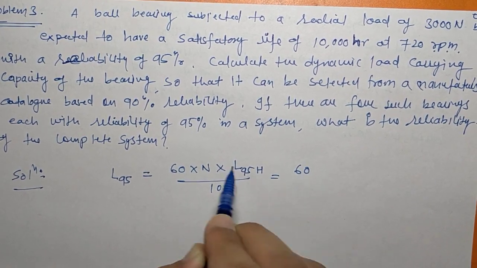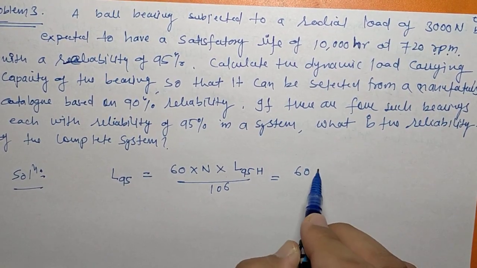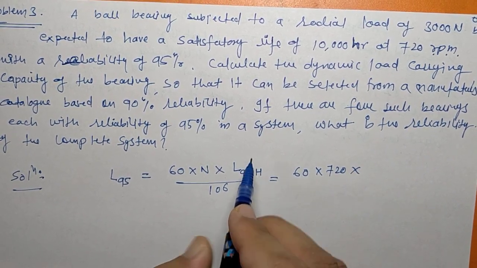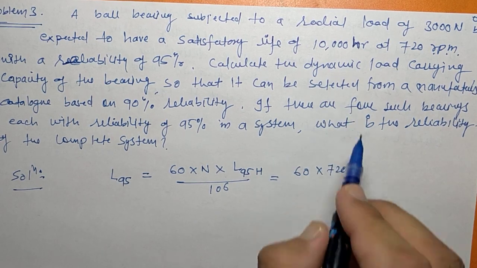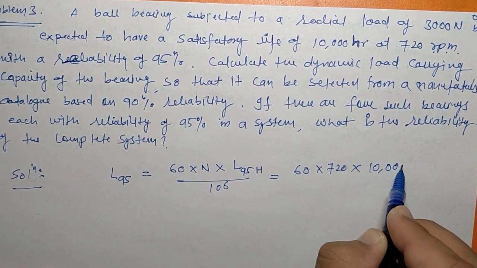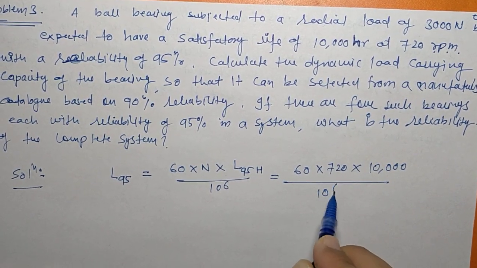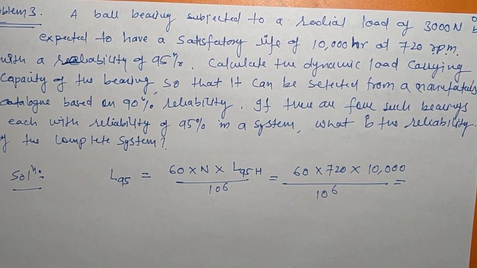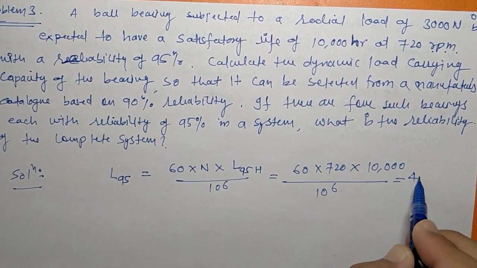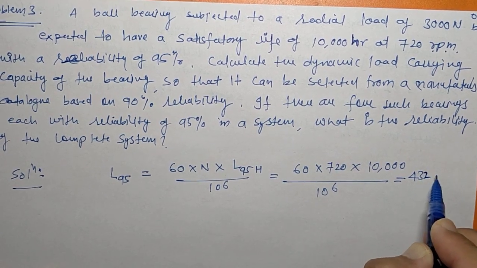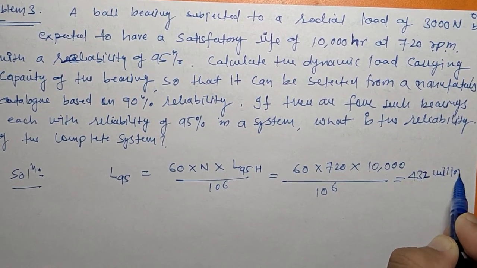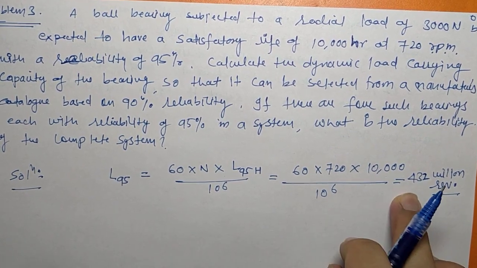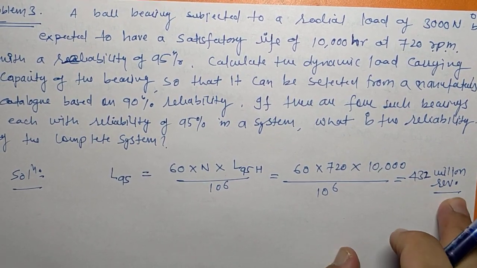So 60, n is given as 720 rpm, L95 life in hours is given as 10,000 hours. So this is 10,000 divided by 10 raised to power 6. If we solve this, this would be 432 million revolutions. So L95 life in million revolutions is 432.